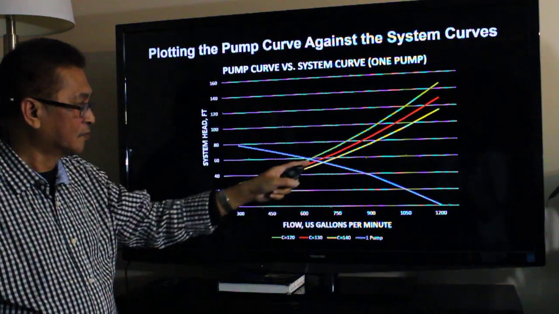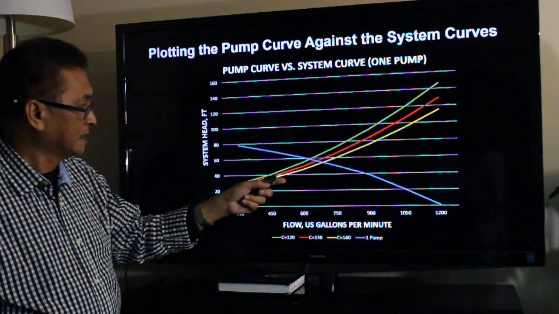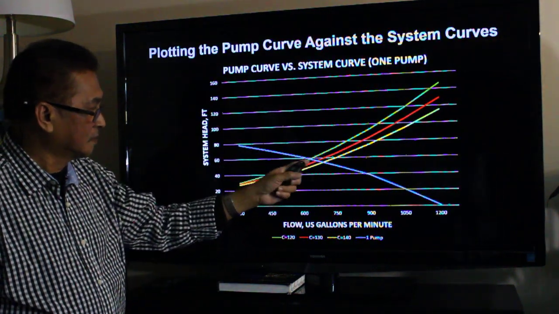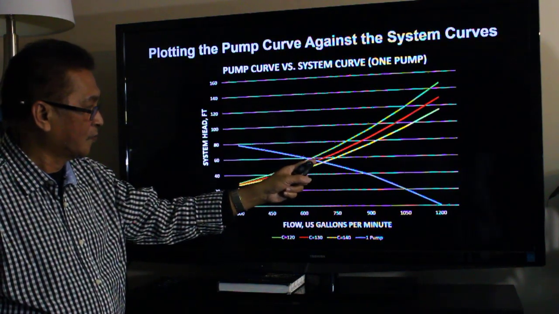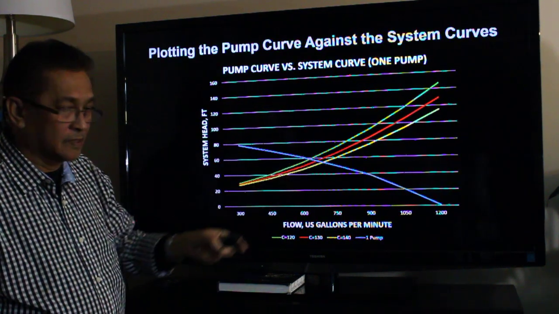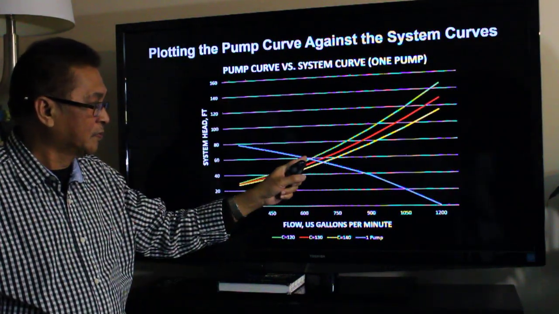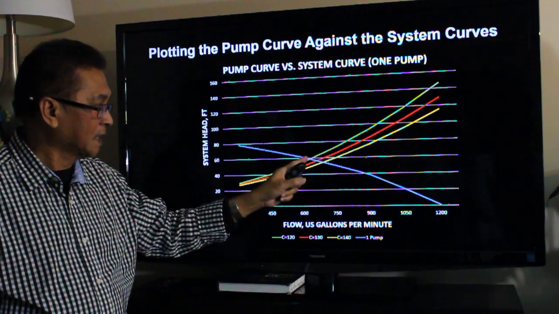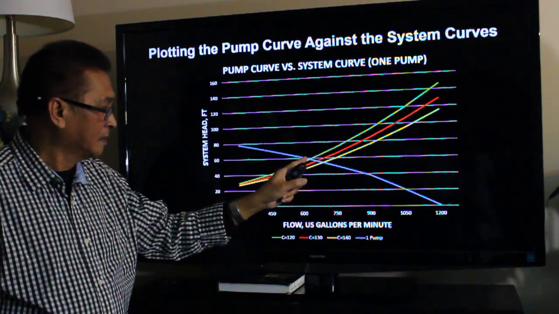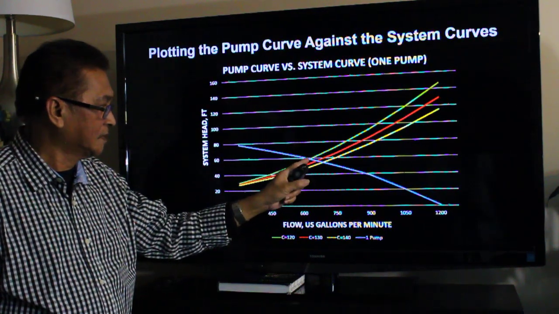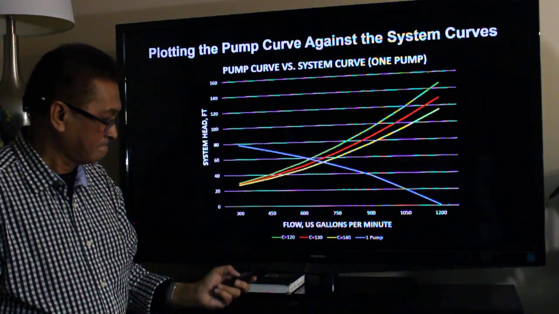So at normal level, C equals 130, and the blue one, this will be the normal operating point. And you should make sure that the pump motor will be capable of handling the loads at these extreme points, for a low sewage level and for the high overflow sewage level.